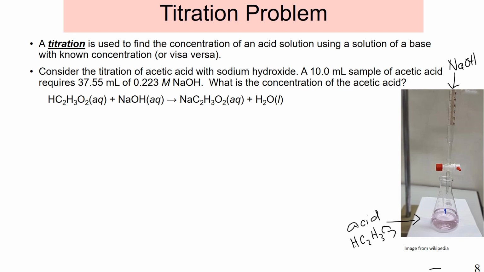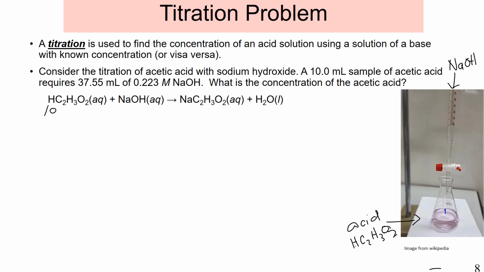HC2H3O2. And we have a measured volume of it, but we don't know its concentration. So we know the volume of the acid, and we know the volume and the concentration of the base, and from that we can find the concentration of the acid. So let me show you how the calculations work. Consider a titration of acetic acid with sodium hydroxide. 10 milliliter sample of acetic acid.